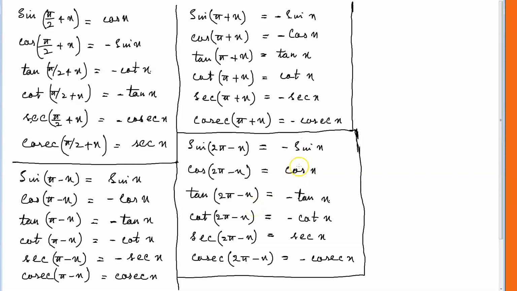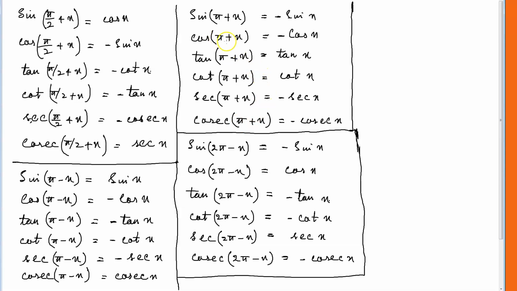And of course, it's easy to see the reason why that happens, but we would have to go into the unit circle and see why that happens. The why is not that important, really. There is a reason, you can draw a unit circle and see what really happens. And as a result of that, all of these sign changes happen in these formulas.